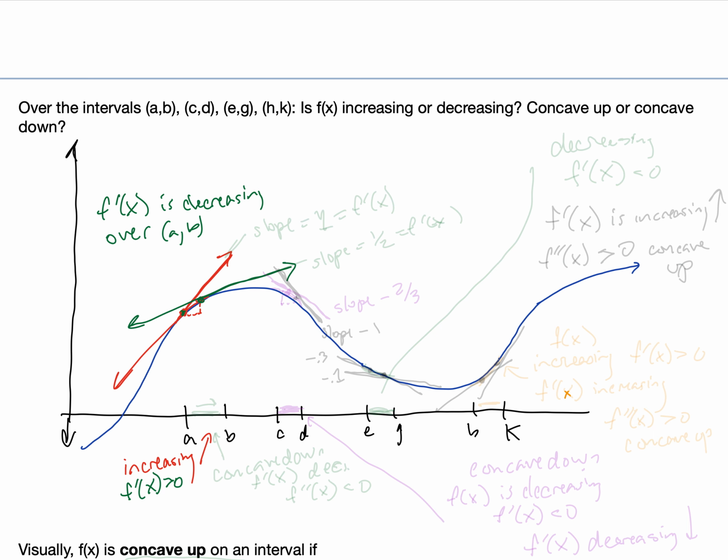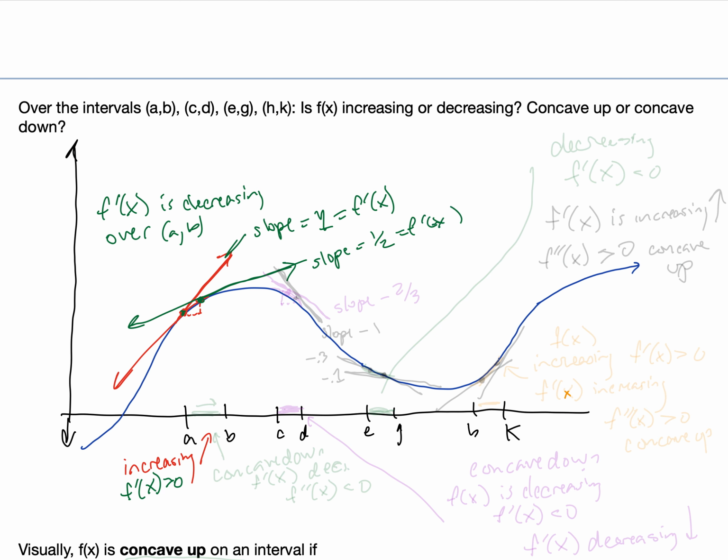Because if we pick 2 points and look at the first derivative, here we've got a positive slope. Here we've also got a positive slope, but the slope is smaller. Like maybe this is a slope of 1, and this is a slope of, say, 1/2. And the slope is the derivative at that point, f prime of x.